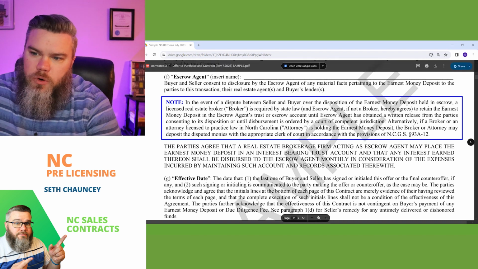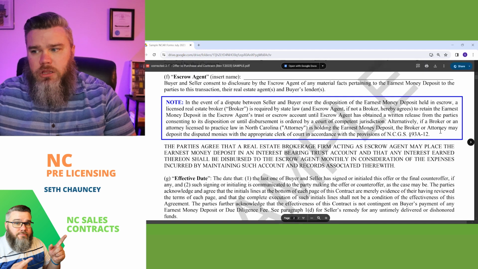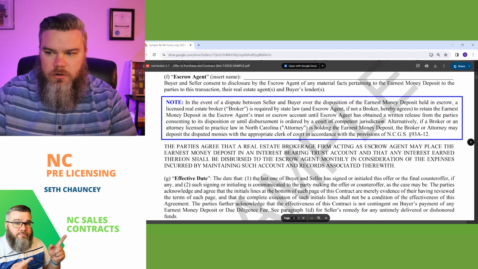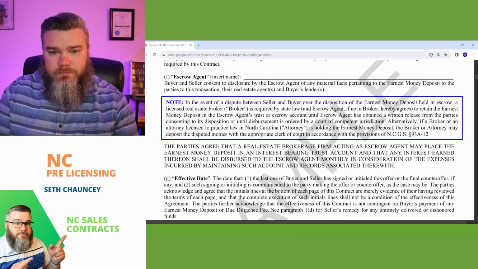Alternatively, if a broker or an attorney licensed to practice law in North Carolina is holding the earnest money, the broker or attorney may deposit the disputed monies with the appropriate clerk of court in accordance with the provisions of North Carolina General Statute 93A-12.